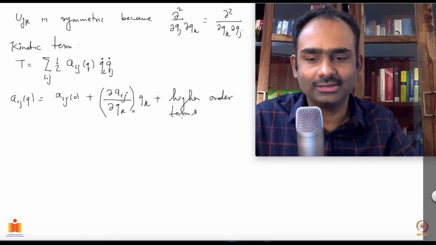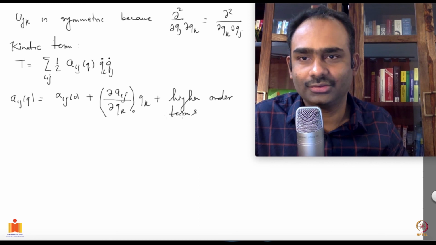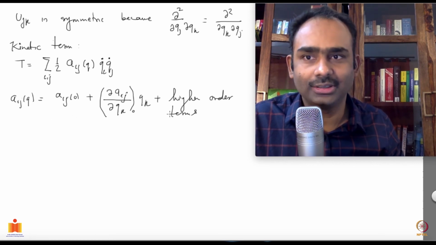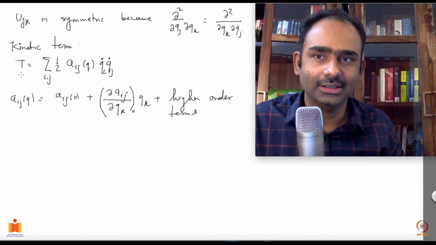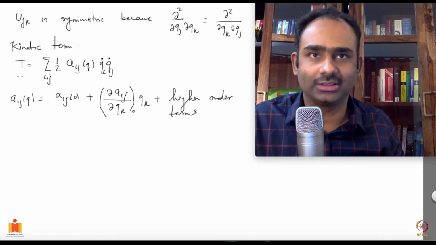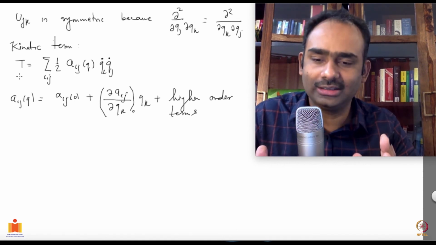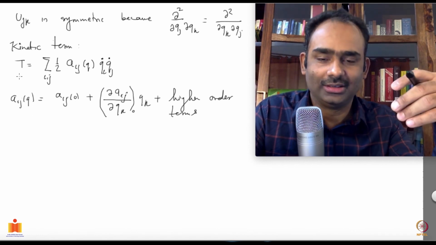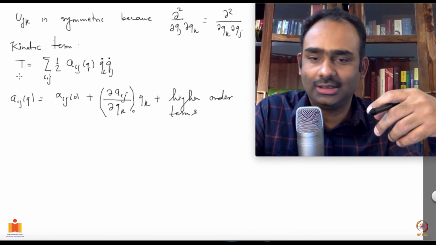My intention is to see up to what order I should keep terms, both in the kinetic energy and the potential energy, so that my equations of motion are linear. I'm interested in looking at the system in a linear approximation, the reason being that I can solve it without running into any complications.